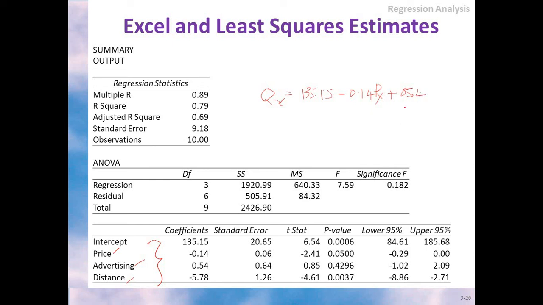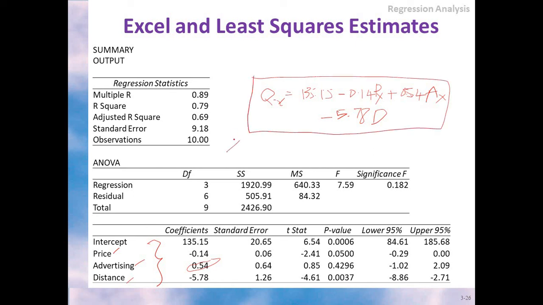You take 0.54 from this one, and A stands for advertising. Then we have another one, negative 5.78, and we have distance. This is an example of any variable that I said just now. You can put it in your model. So this is our demand function for this particular example.